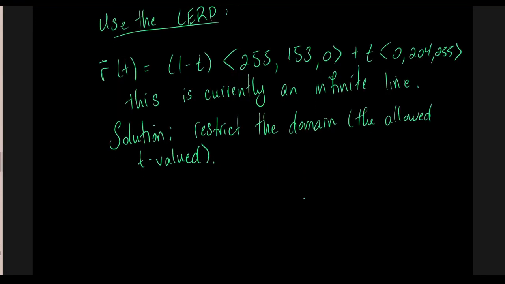Let's plug in two different t values to see how I might want to restrict the domain. When t is equal to 0, then 1 minus t is equal to 1.